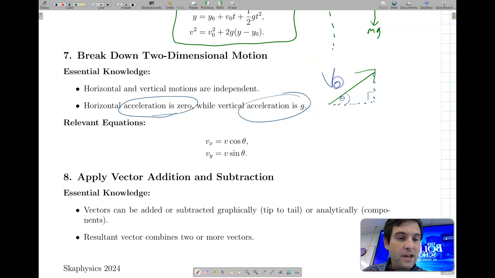If we have an initial velocity, say a cannonball launched from a cannon at some angle theta to the ground, that cannonball has an initial velocity in the x component, which we're going to use v naught cosine theta, and an initial velocity in the y component, v naught sine theta.